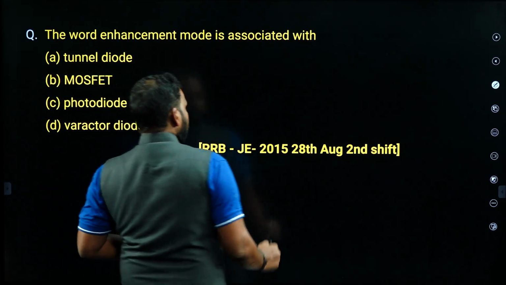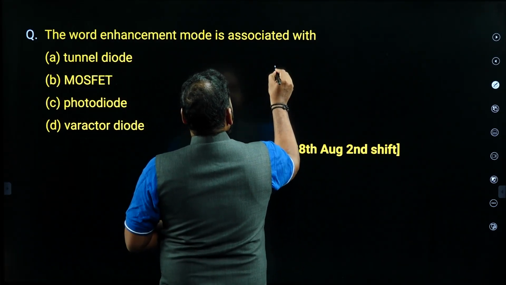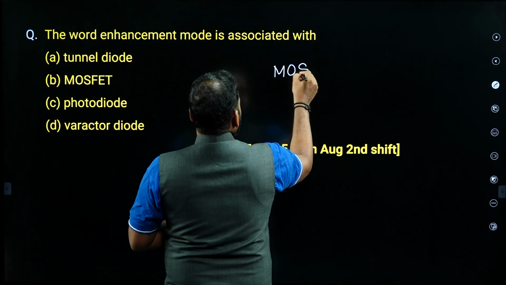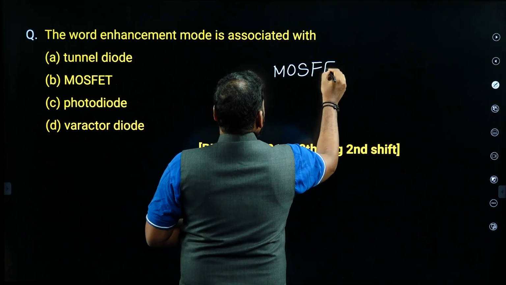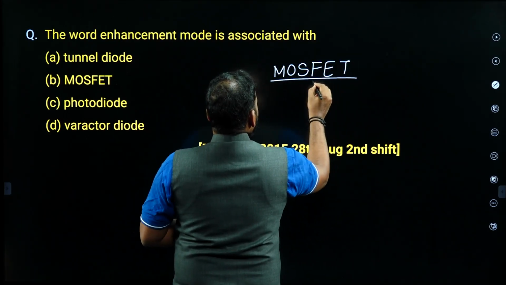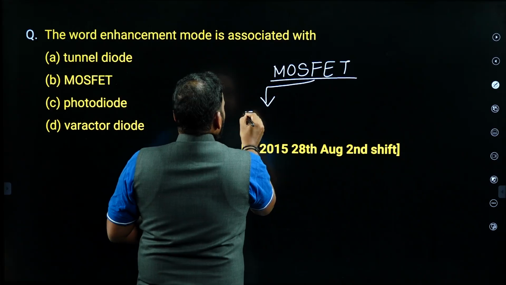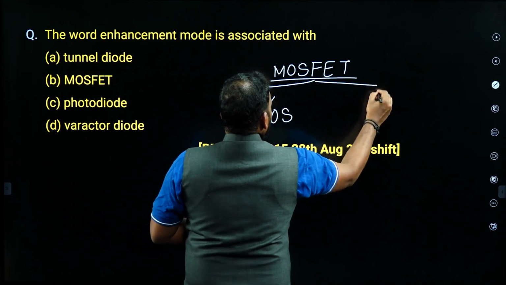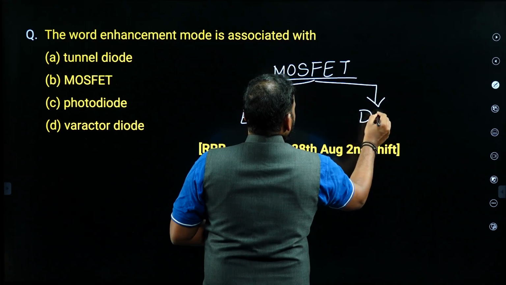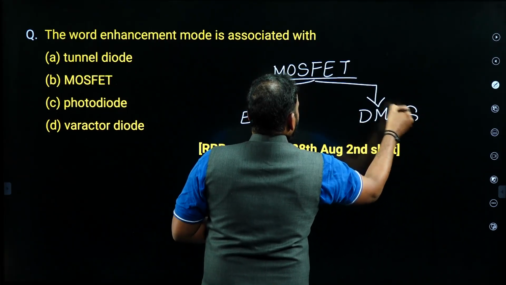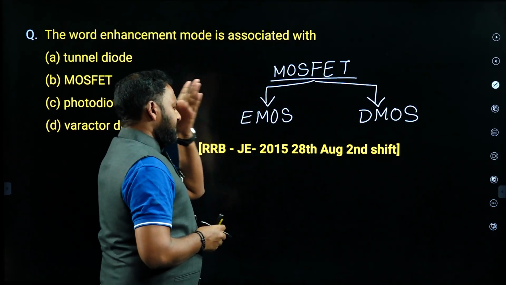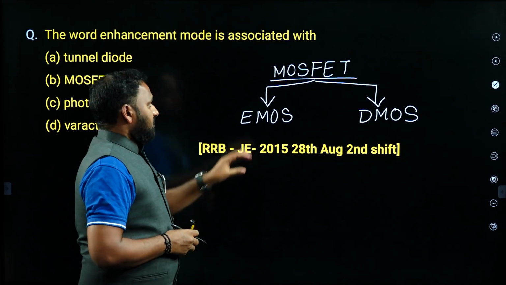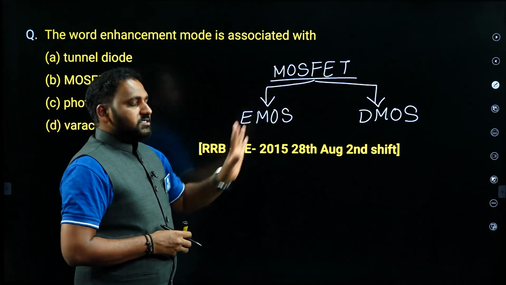Enhancement. See, MOSFETs are basically classified into two types. Do you remember? EMOS and DMOS. I have given this classification also, just the basic idea and basic classifications: enhancement MOS and depletion MOS.